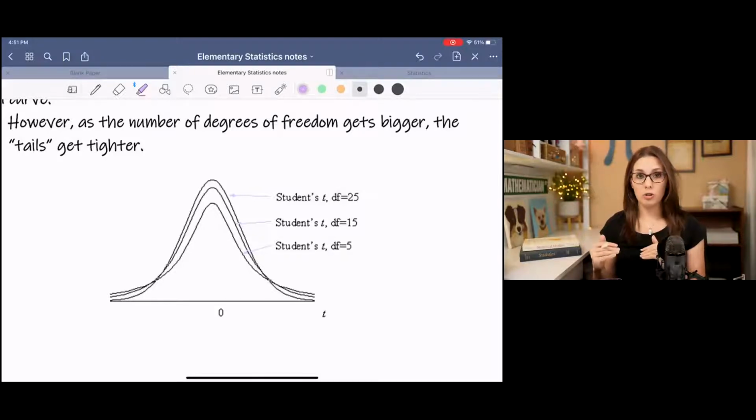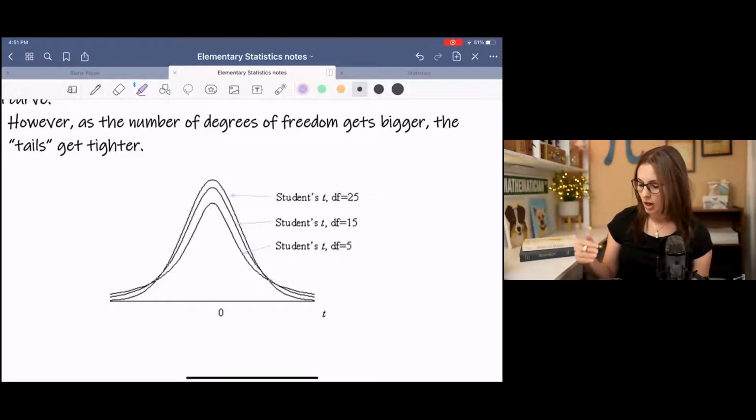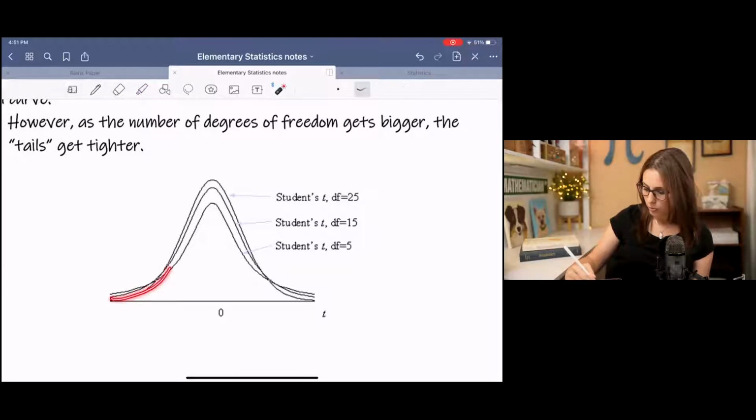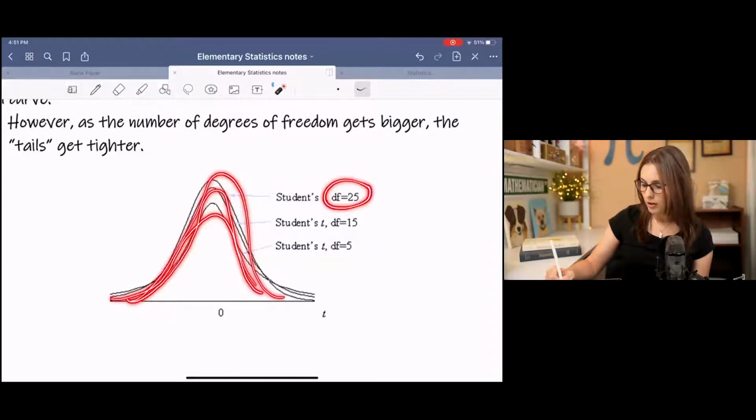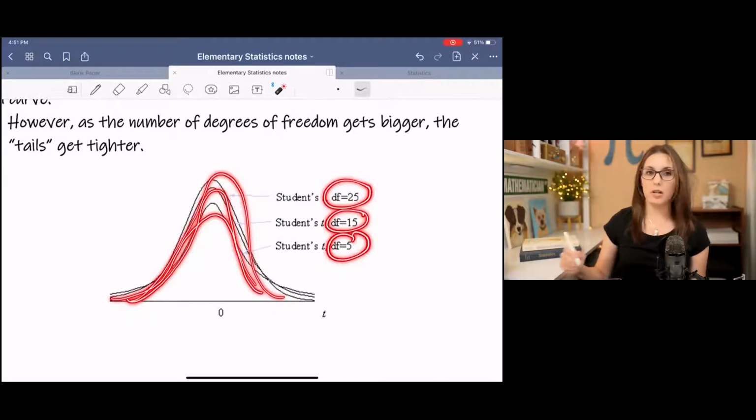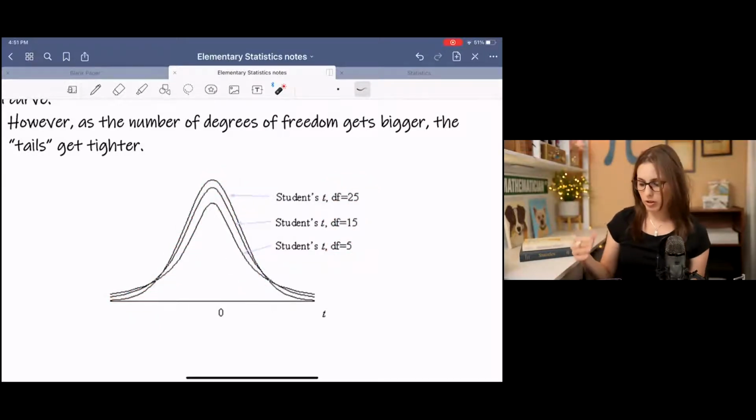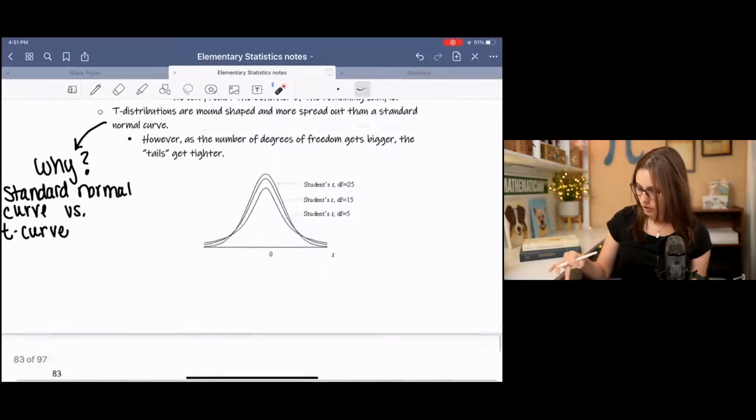So the larger your sample size gets, the closer to a normal curve characteristics you're going to have. And this is just kind of showing that here. This first curve is a little more spread out, and then it tightens up, and then it gets even tighter. And you can see that that's because the sample sizes, or degrees of freedom, are getting larger.